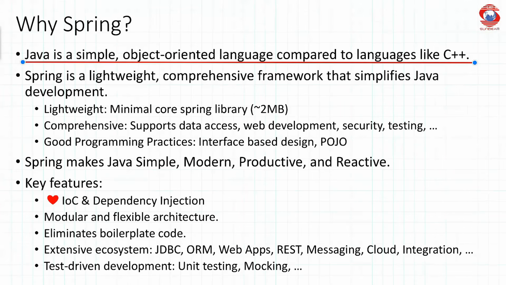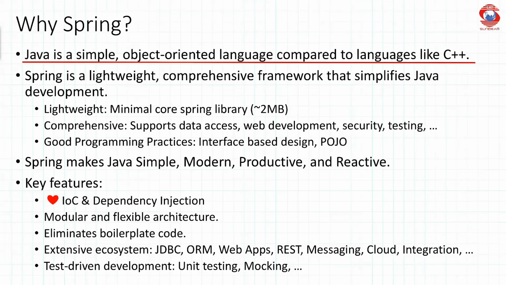So as you start getting into Java, as a language it can be simple, but when you are developing production-ready applications, then I can't really say that Java development is very simple. At that time, it is really challenging.